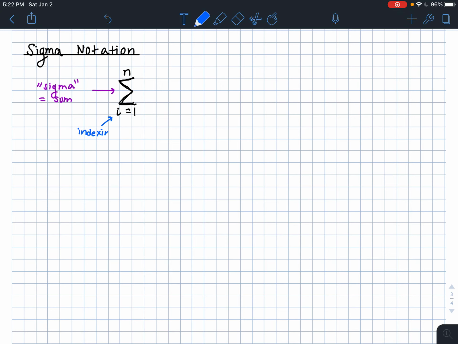This little lowercase i down here, we call that our indexing variable, and I'll explain more what that means in a second. The 1 tells you where to start counting. The n on top is just a number, and that tells us where to stop.